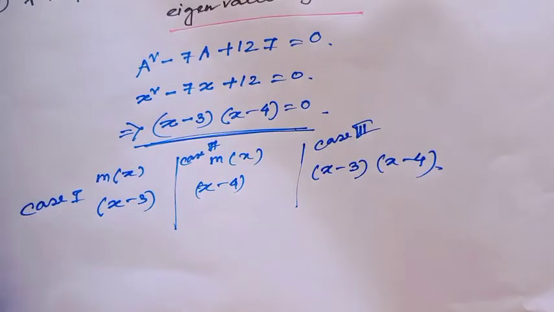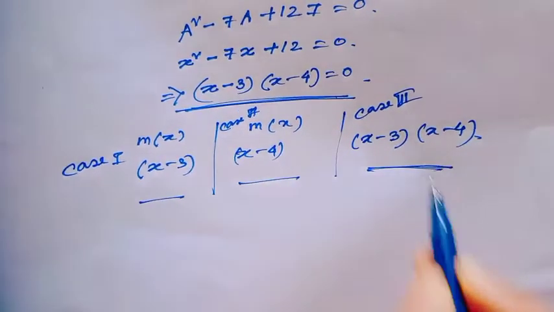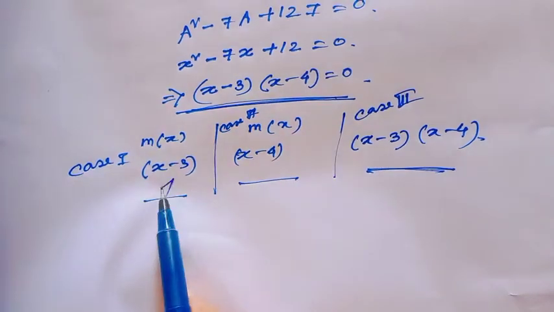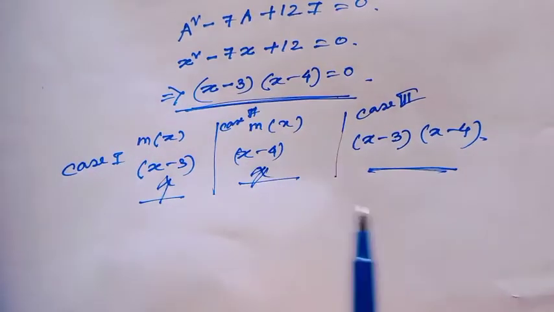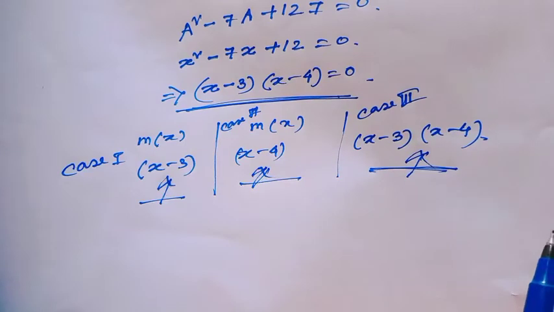Okay? And for these minimal polynomials, I will get 3 types of different matrix. For the first, only eigenvalue 3, for the second only eigenvalue 4, and for the third eigenvalues 3 and 4.